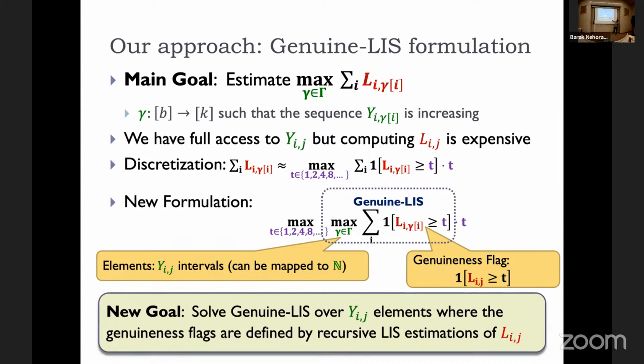These genuine flags are defined as follows. Testing whether a particular element Yij contributes or not is expensive. This is why we said that our cost is testing whether something is genuine or not. Testing this genuine flag is basically a recursive LIS.